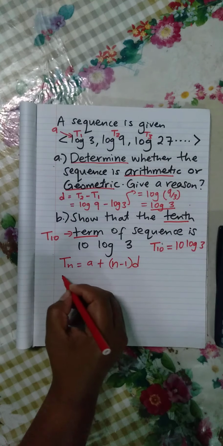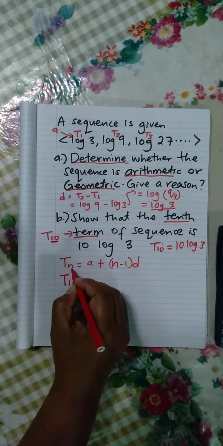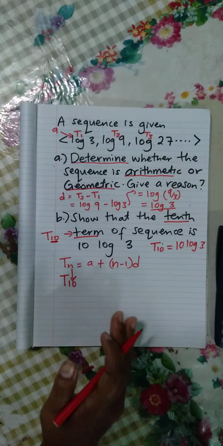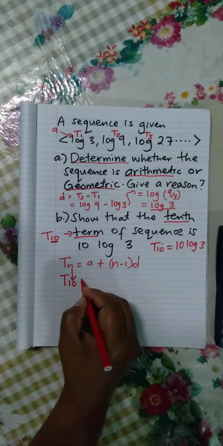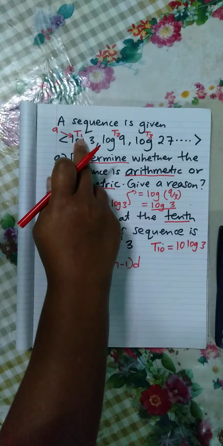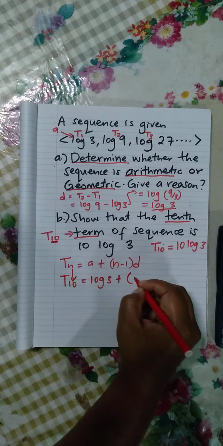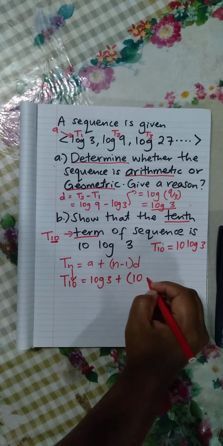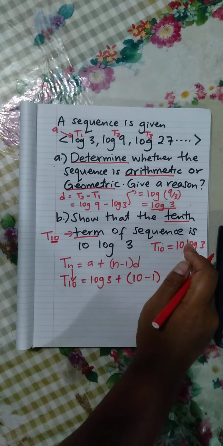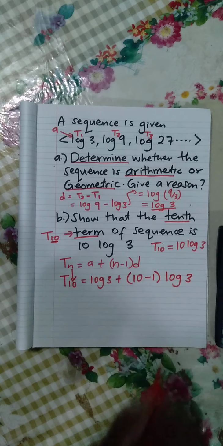We are looking for T10, so our n will be 10. In place of n, 10 goes there, so on the right hand side 10 will also go there. A, our first term, is log 3, plus (10 minus 1), and our common difference, which we have already calculated, is also log 3.